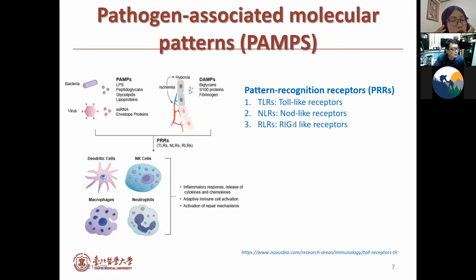So those receptors are expressed in the cytoplasm, where they can recognize viral DNA or RNA and trigger activation of those white cells. These white cells include macrophages, dendritic cells, NK cells, and neutrophils. They all express these three kinds of receptors.